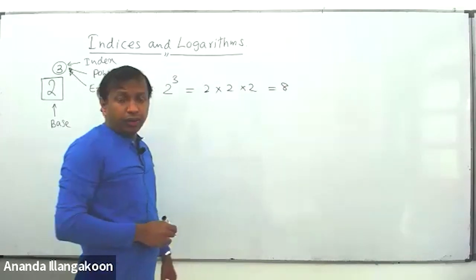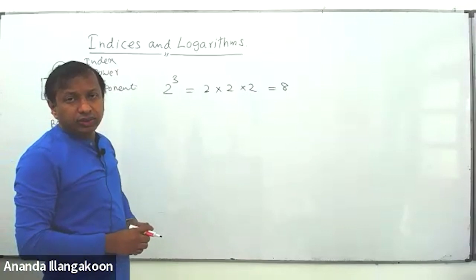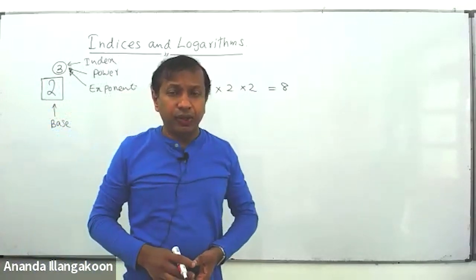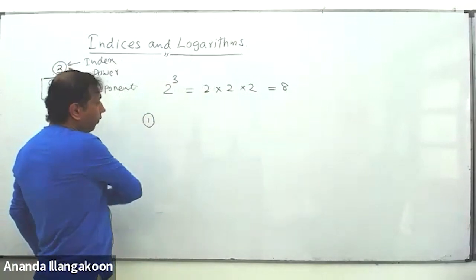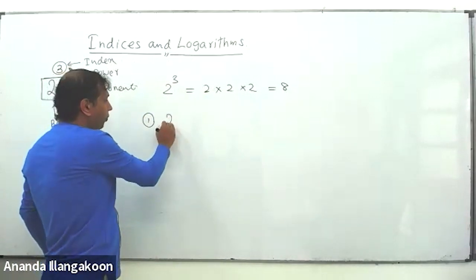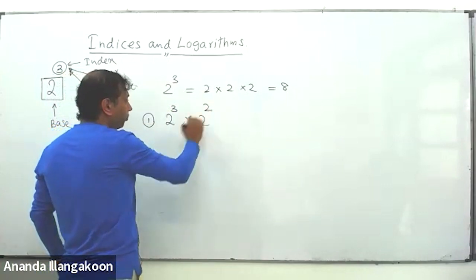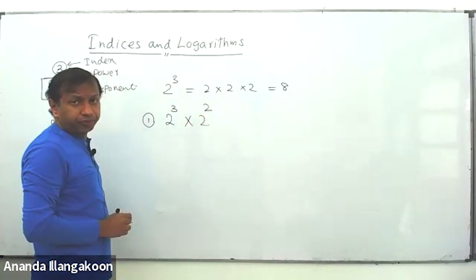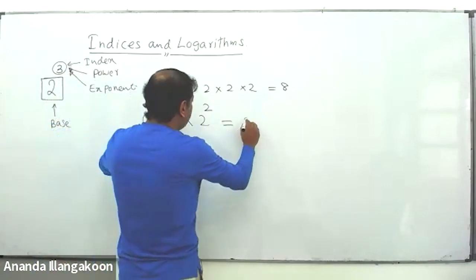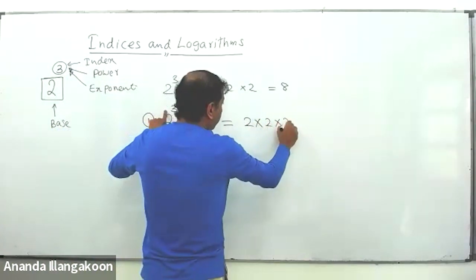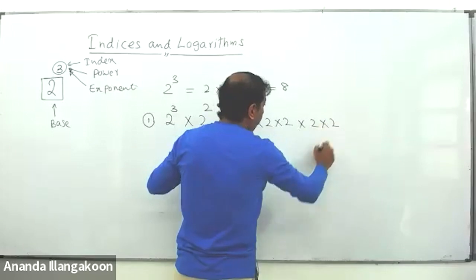Based on this pattern, people, we learn some laws called index laws. For the first index law, I can explain it this way. I'm going to take 2 to the power 3 and multiply it by 2 to the power 2. 2 to the power 3 is really 2 into 2 into 2, and 2 squared I can write as 2 into 2.